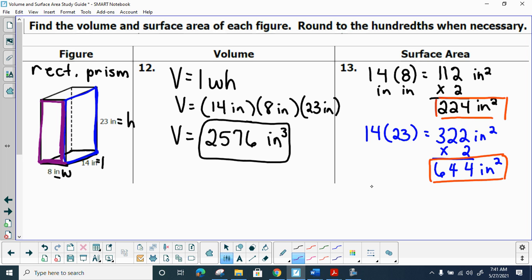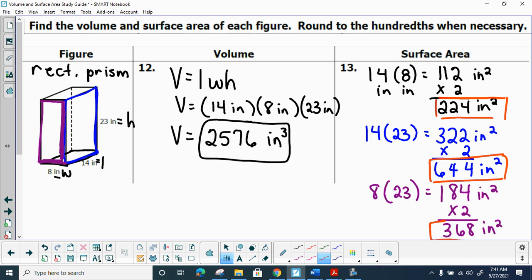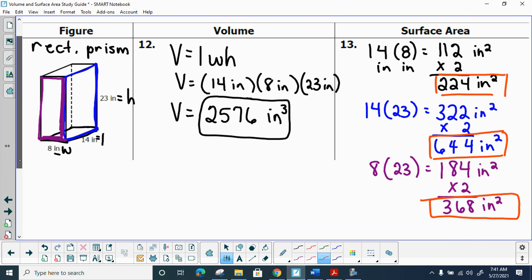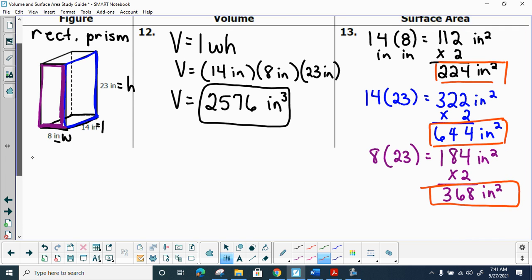So 8 by 23. 184 square inches, and there's two of them. 368 square inches. The area, and then I just need to add all of that together.